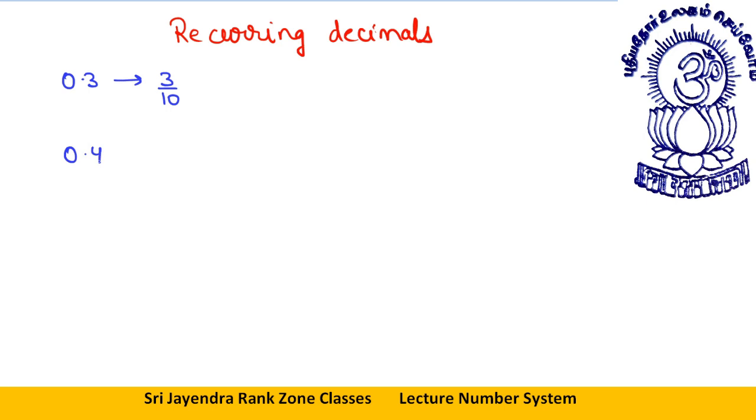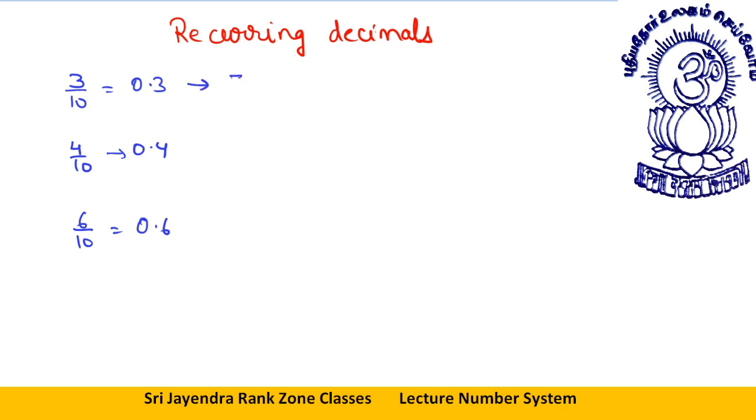If I write in front of you 0.4, you can write 4 by 10, or I can say vice versa also. 3 by 10 is a terminating decimal, 0.3. 4 by 10 is a terminating decimal, 0.4. 6 by 10 is what? 0.6.